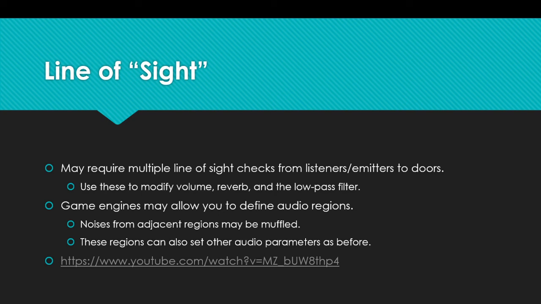Another thing that I've done before is just creating audio regions, and some of the route finding would be encapsulated in this, but you would have an audio region which would allow you to set some parameters on the audio. So again, just looking at reverb or muffling it or so on, and that puts a lot more responsibility onto the audio designer or the game designer, potentially, to mark up a lot of information.